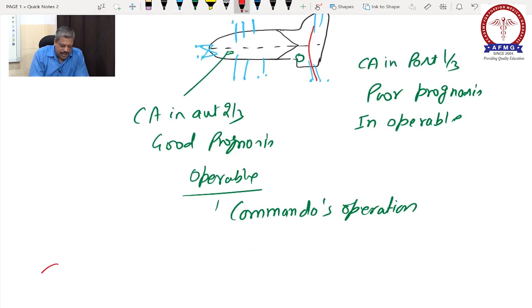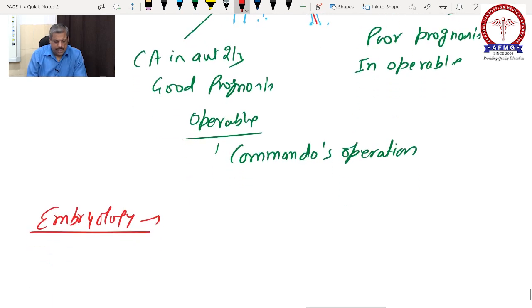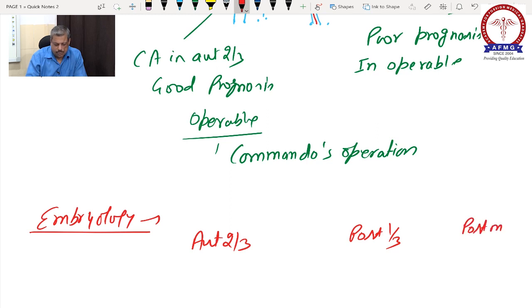The last point is the embryology of the tongue. For embryology, we consider the anterior 2/3 of the tongue, the posterior 1/3 of the tongue, and the posterior most part of the tongue. The anterior 2/3 develops from the first pharyngeal arch.